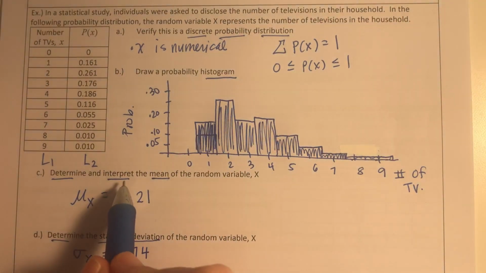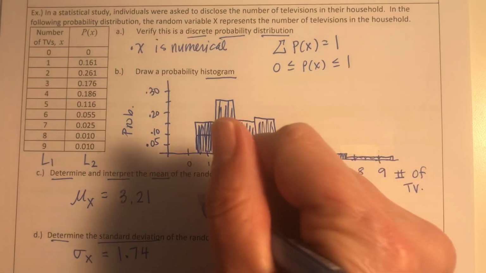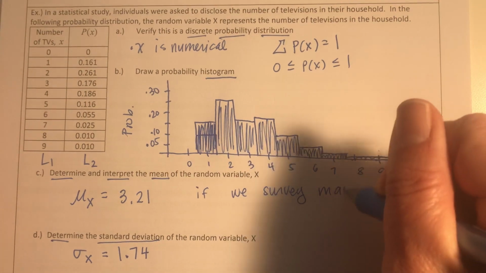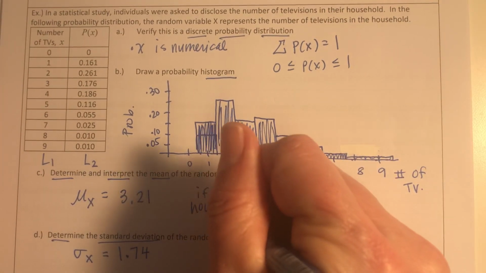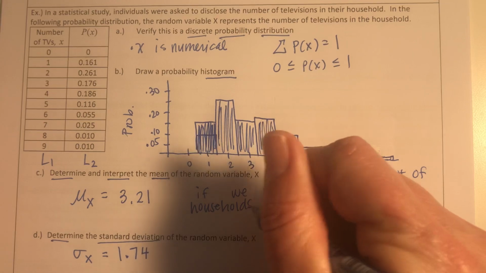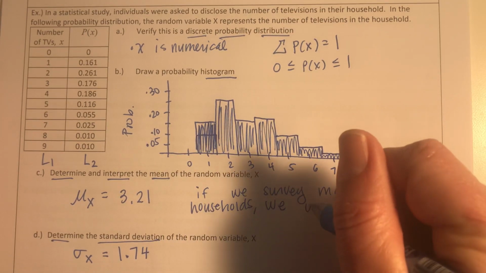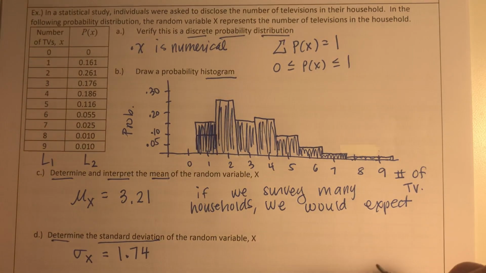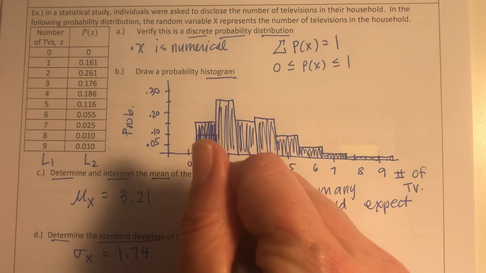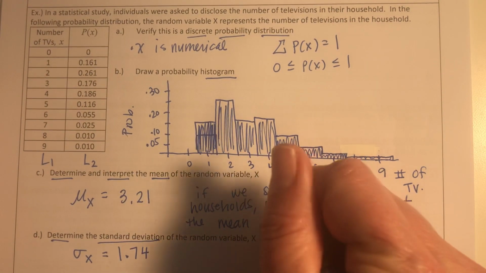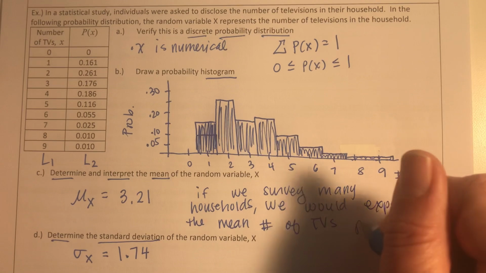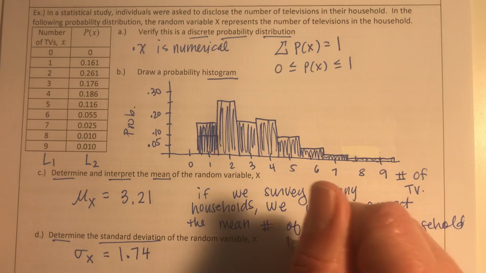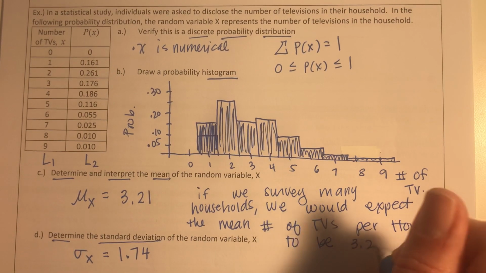Okay, it also asks for us to interpret this. So this says if we survey many households, we would expect the mean number of TVs per household to be 3.21.